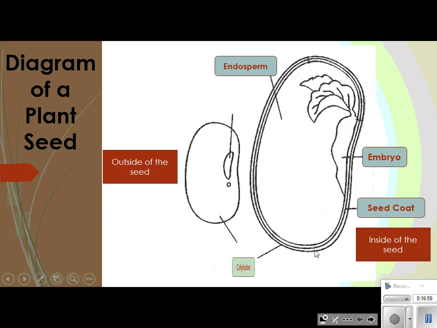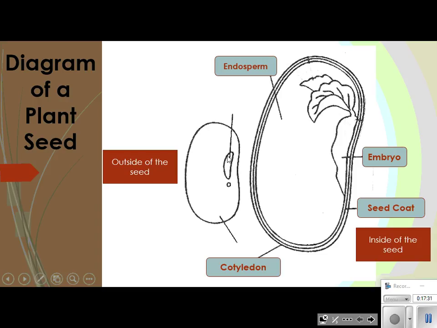How about the cotyledon? Okay, the cotyledon. Now, this very next one, that's all the one on that diagram. This next one, we're talking about this diagram. If I look at this diagram here, what is the outside? That's what this is pointing to.